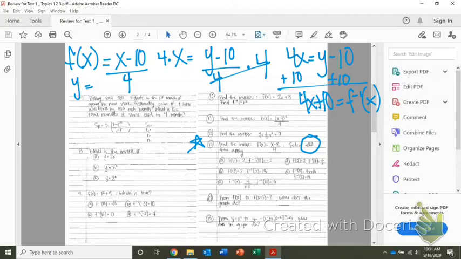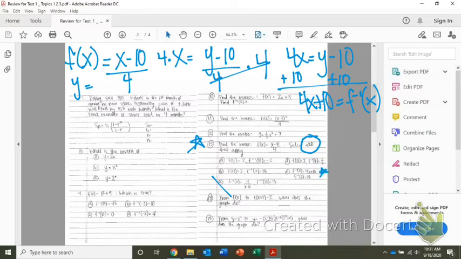No. All they did was flip the numerator and the denominator, and that is not correct. So you can mark it out. E might be your answer because it has the correct function rule.